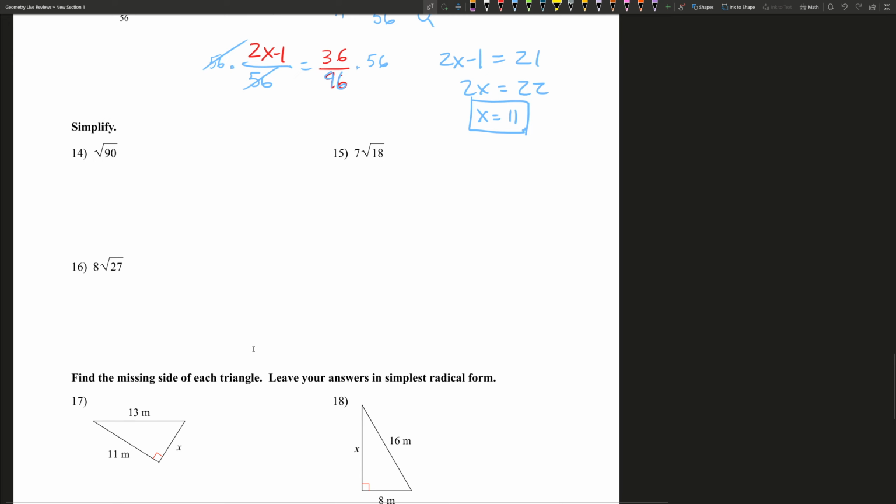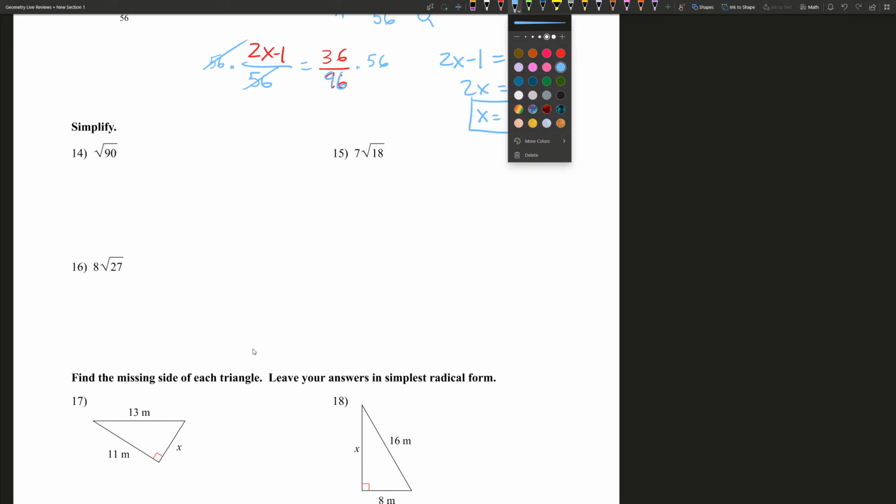All right. Simplifying radicals. In order to do this, we want to try and take out as many perfect square factors as possible. So this is like one of the first things we did. But the general rule is that you can rewrite this as the product of two different radicals. And we want one of those factors to be a perfect square.